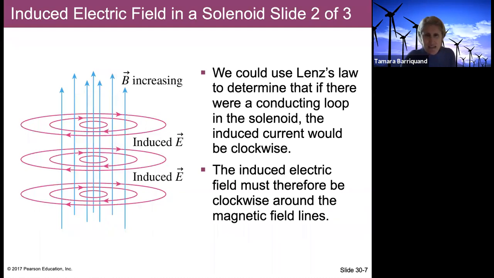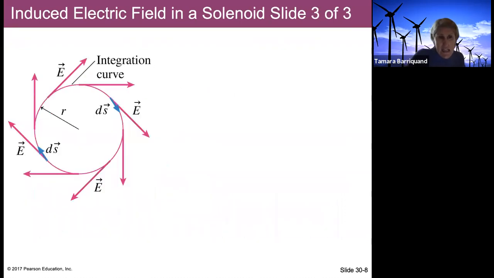So let's now take one of these electric field lines that we have now generated, and let's look at that in more detail. If we take this electric field circle, this closed loop that we've integrated over, this is what we just did for our integral of E dot ds.